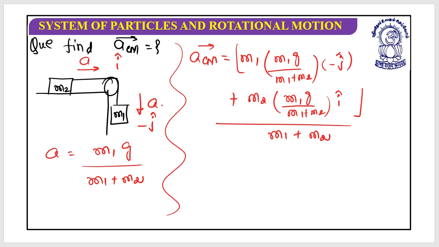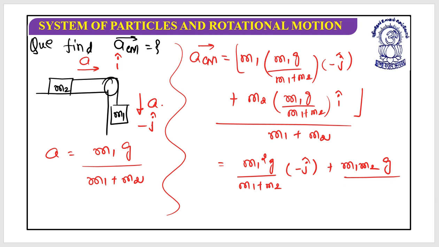I hope this is clear. So this would equal m1 square g divided by m1 plus m2 into minus j cap, plus m1 into m2 into g divided by m1 plus m2 into i cap, divided by m1 plus m2.